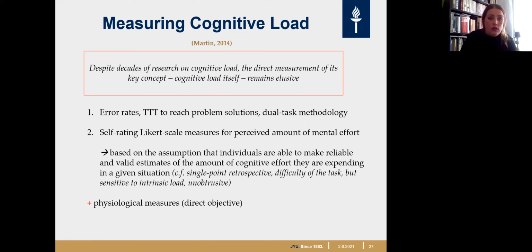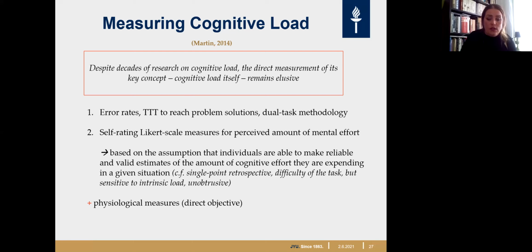Overall, measuring cognitive load is divided into two categories. First one is error rates, total task time to reach problem solutions, and dual task methodology. So error rates and total task times give some kind of objective data that we can compare for how cognitive load occurs in these terms.